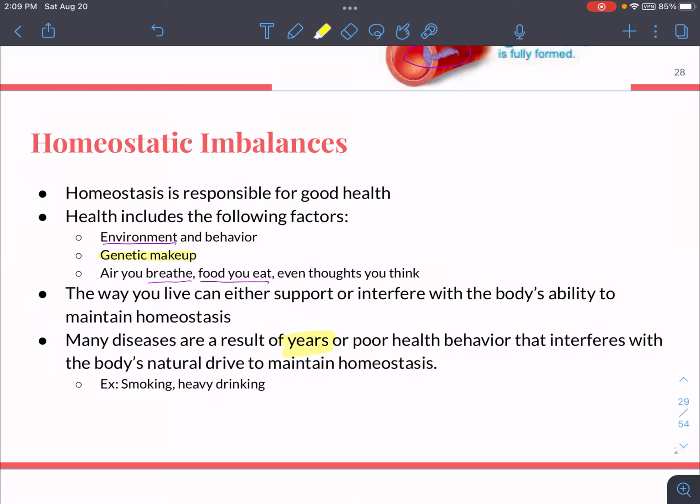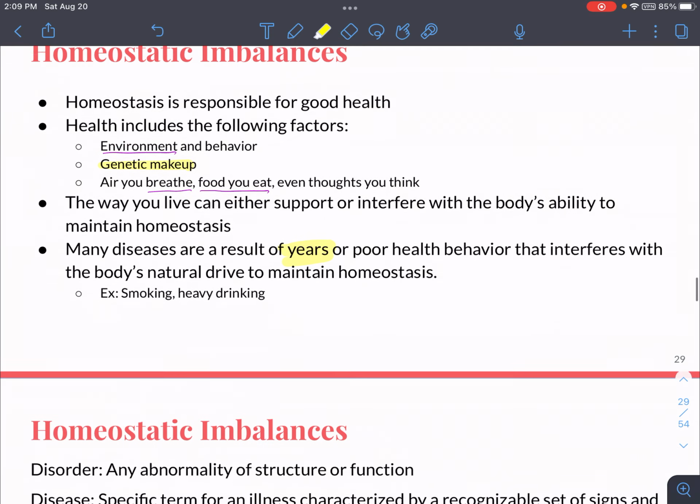And if we're constantly interfering with the body's ability to maintain homeostasis, your body's going to respond in ways later on in life that's not going to be good. So something else to think about.